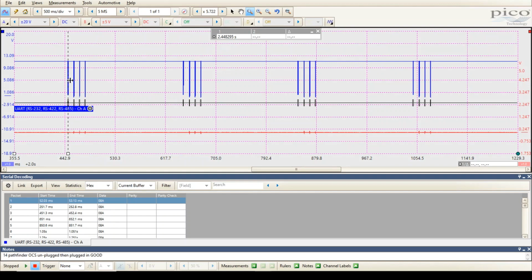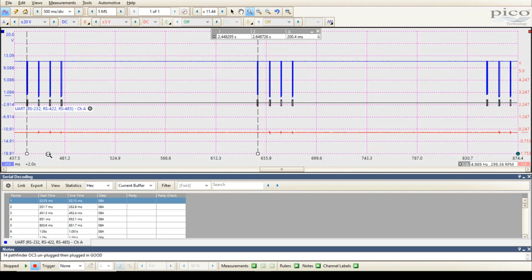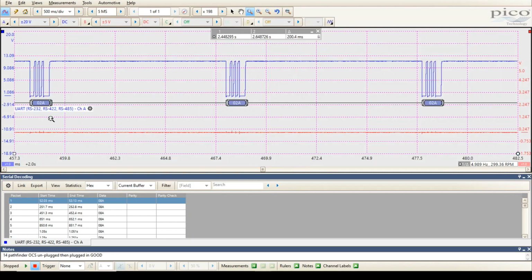The first data pack in each sequence is the airbag controller looking for information. The next three is the OCS module providing information. I think its only job is to say something in the seat, something not in the seat. Because if I scroll in tighter, you'll see the responses are all 02A.